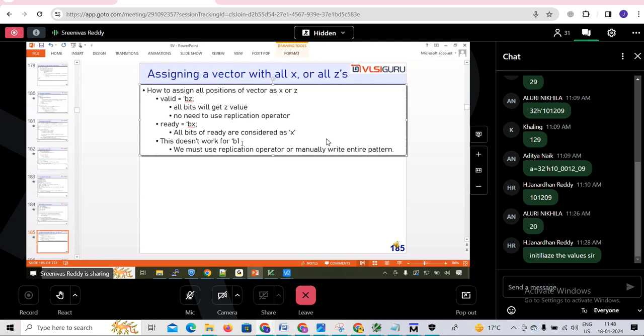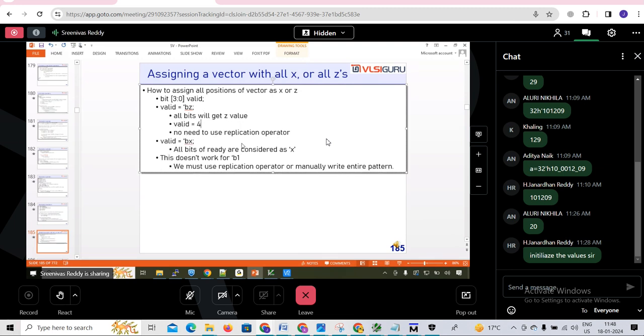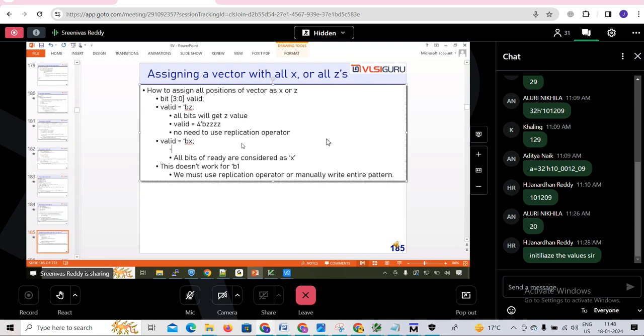Got it what I meant by that? Let's say if valid is, for example, 3 down to 0 valid. After this operation, valid will be 4 tick B, Z, Z, Z, Z. Here valid will be 4 tick B, X, X, X, X.